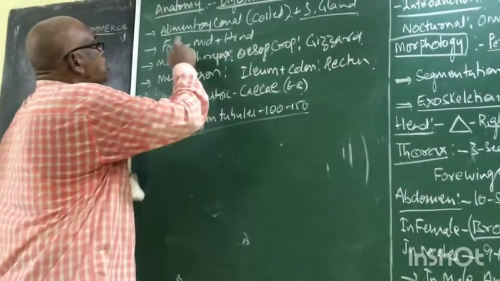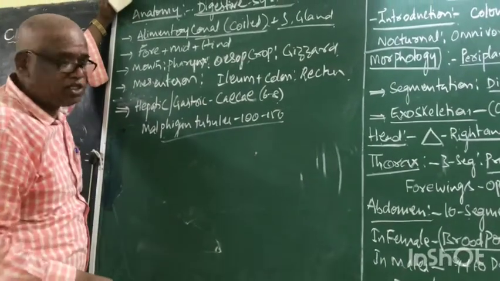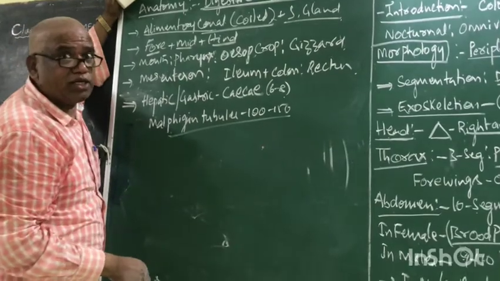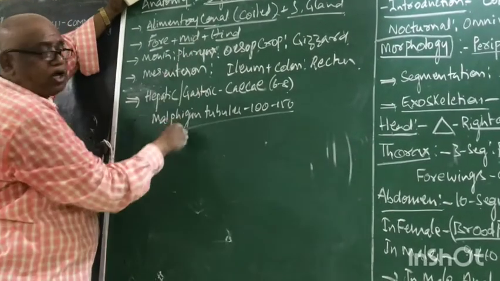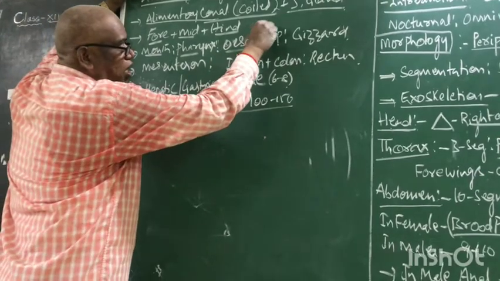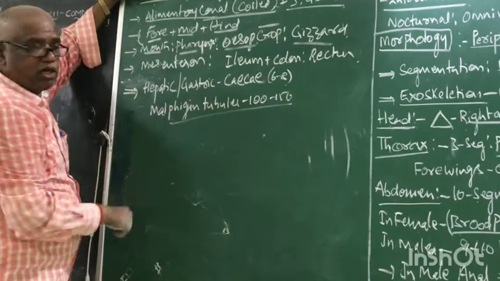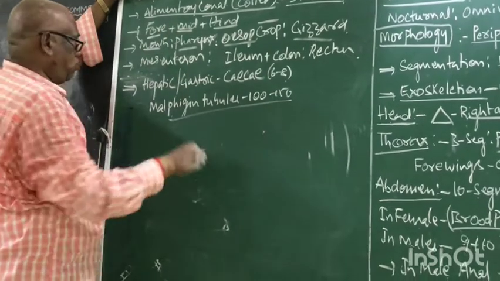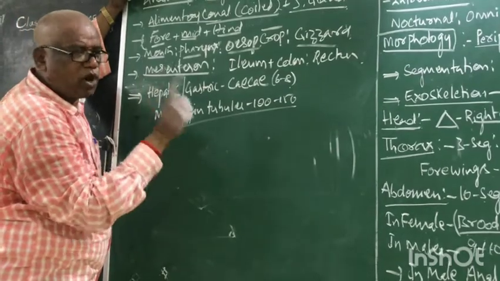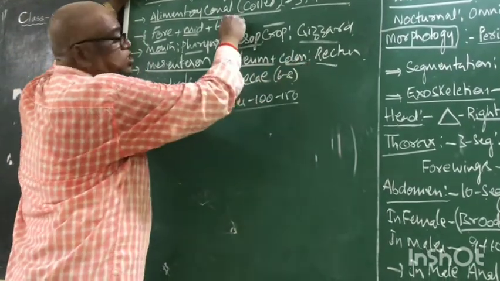Now this coiled alimentary canal has 3 regions: foregut, midgut, hindgut. Mouth, pharynx, esophagus, crop, gizzard are the parts of foregut. The midgut contains only one part, the mesenteron. Ileum, colon, rectum is the hindgut.